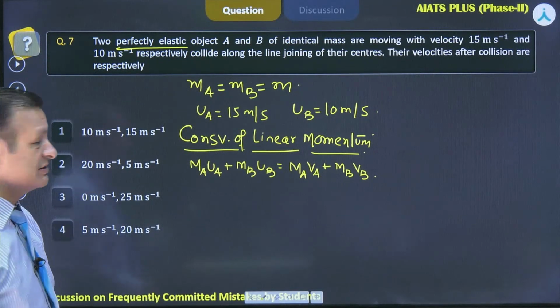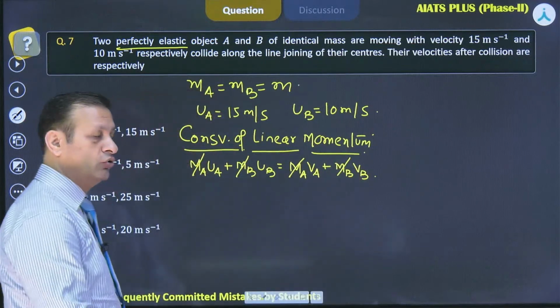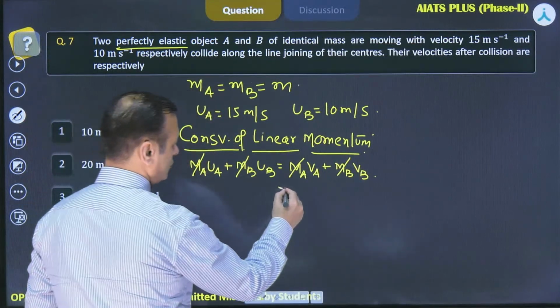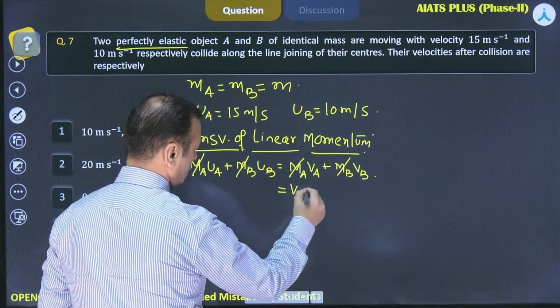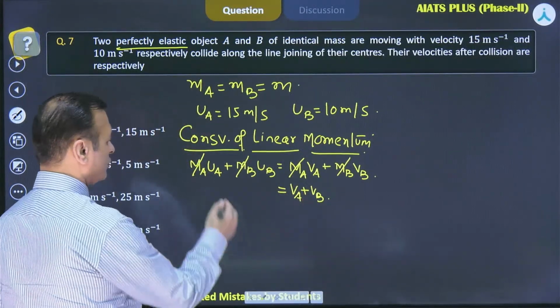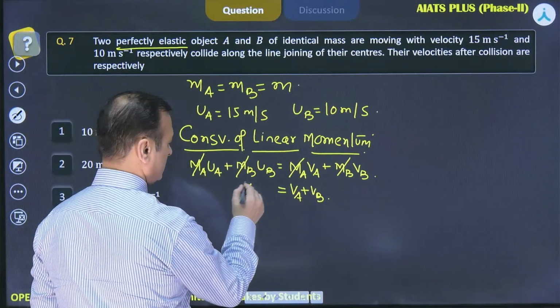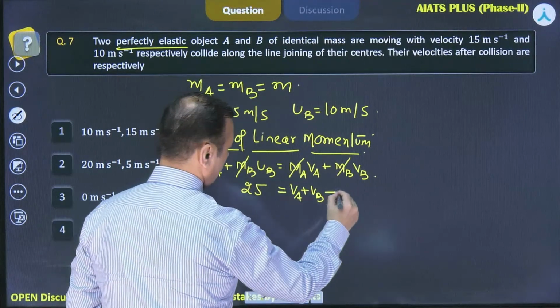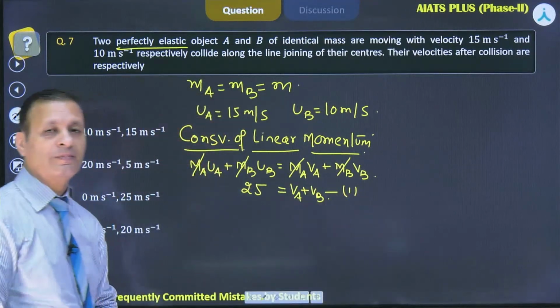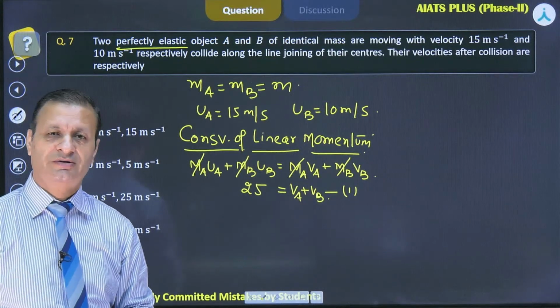And the masses remain the same, so these masses will go. So VA plus VB is what? UA plus UB. So this is 15 plus 10, 25. This is the first expression. Got it?